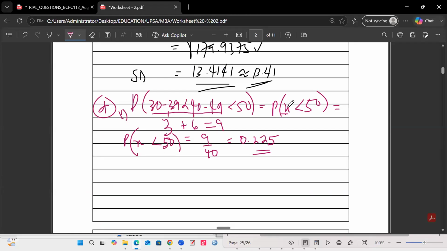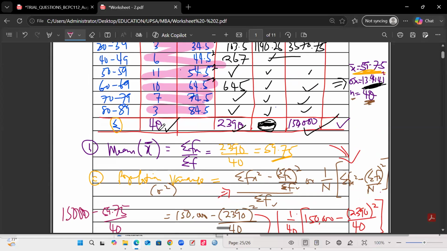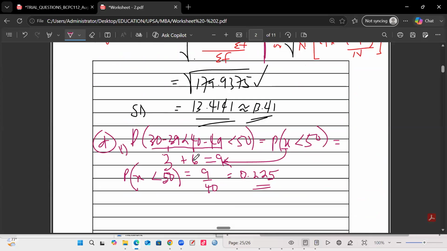What is the probability that X, which is these two classes, now 9, is less than 50? So it is 9 over 40. Why 40? Because the total frequency is 40. Are you getting it? Yes, please. The two of them give us 9 workers out of the 40.